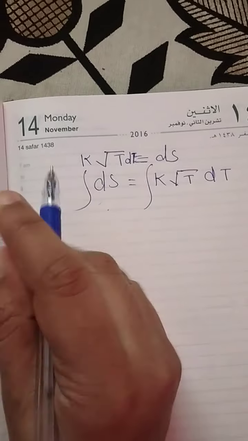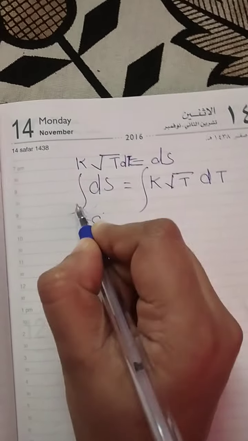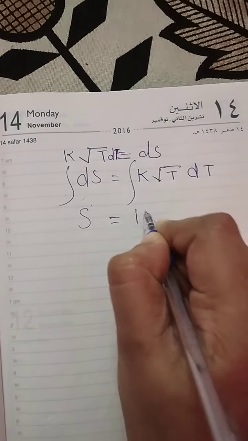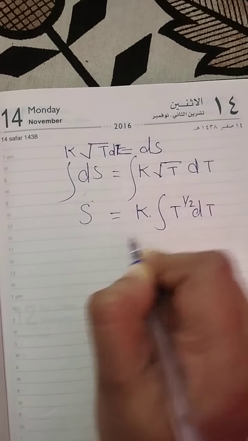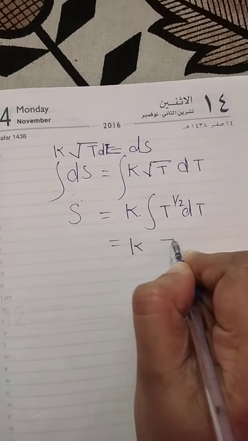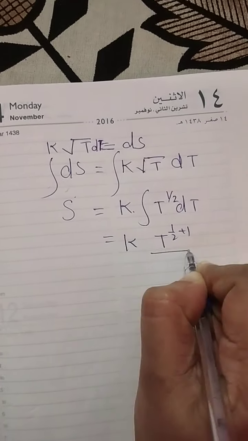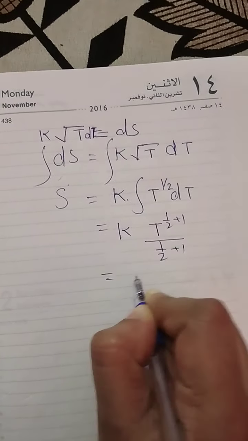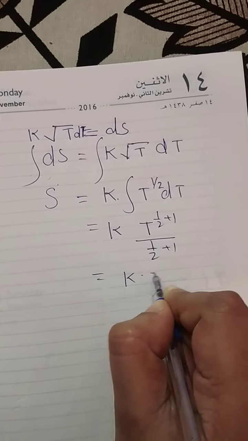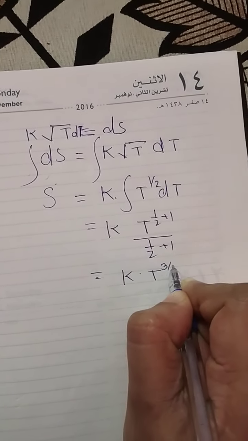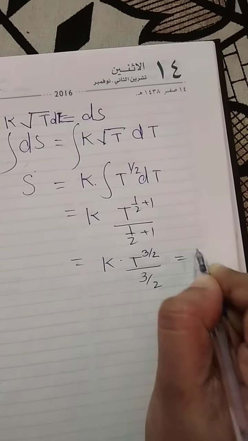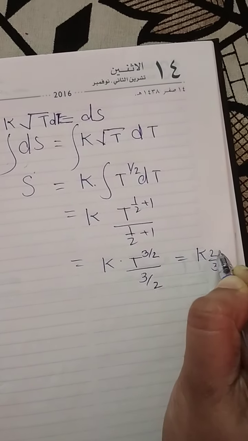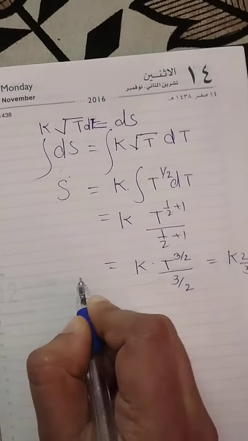Integration of ds is s, and k is constant, so let's take it out. It is t to the power 1 by 2 dt. So k is equal to t to the power 1 by 2 plus 1 upon 1 by 2 plus 1, that is k t to the power 3 by 2 divided by 3 by 2, or k 2 by 3 t to the power 3 by 2.